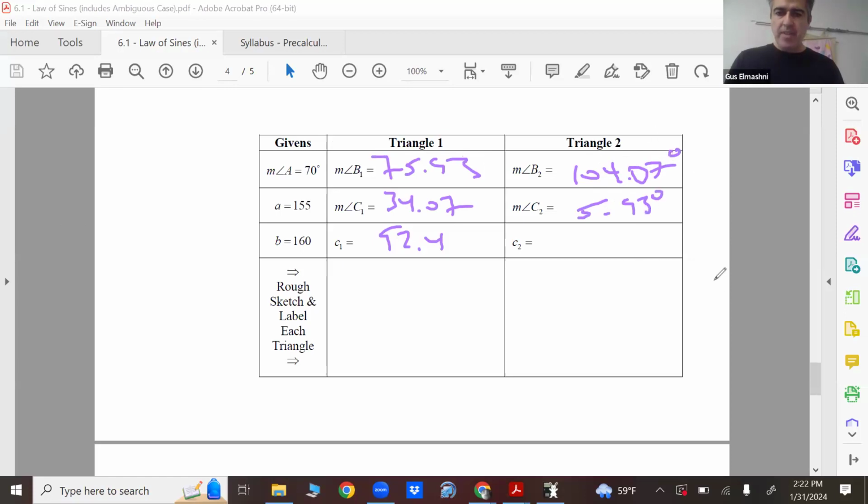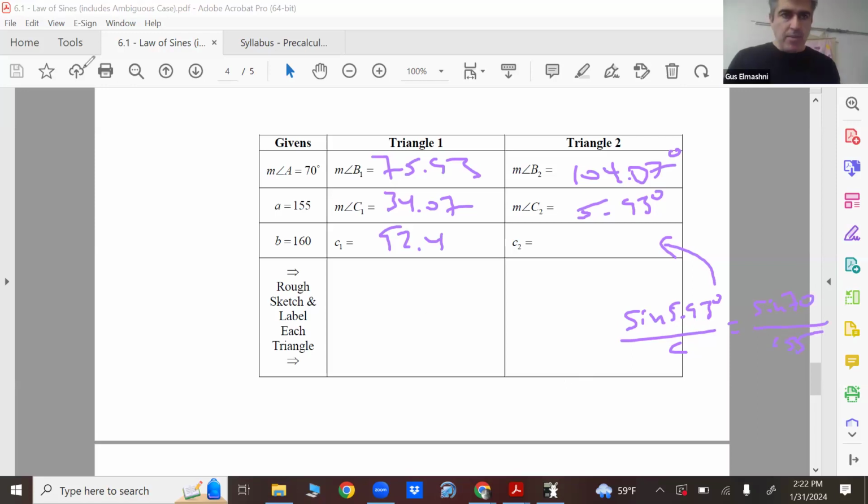And then you have to do the law of sines to get this: sine of 5.93 degrees over little c equals sine of 70 over 155.